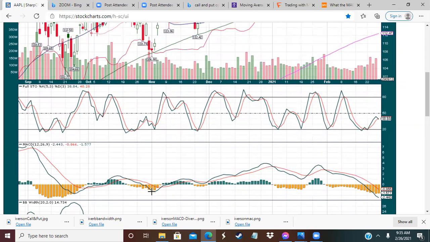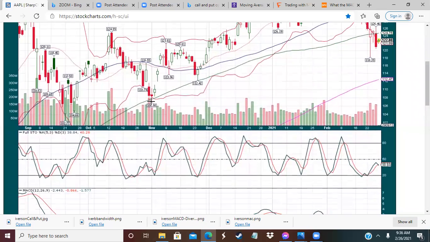This bar of the histogram is lower than all of the other bars of the yellow histogram that it's a part of. And so we catch it right here at the bottom. We catch that slope, and boom, the price goes up. And we see it happen here as well. So that's everything that we're looking for.